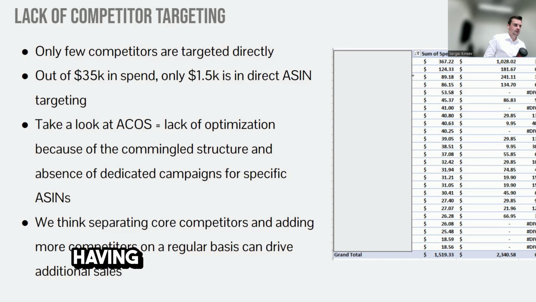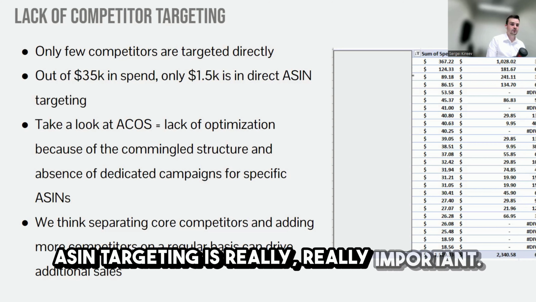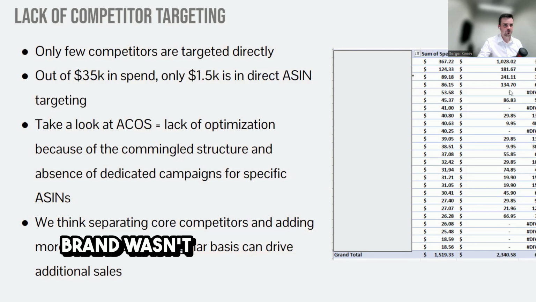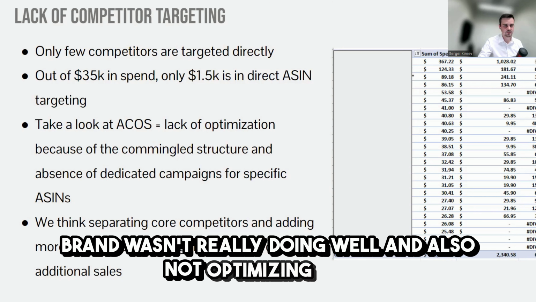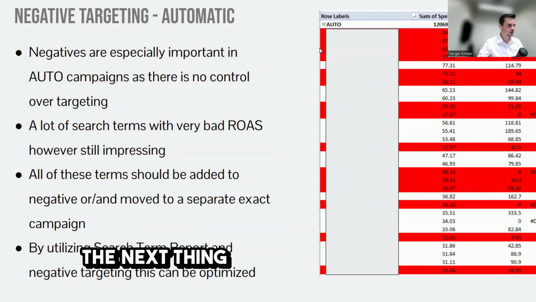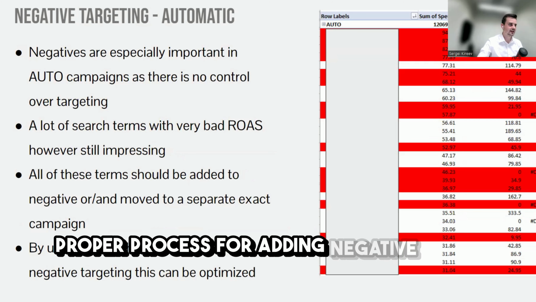Having dedicated campaigns for your ASIN targeting is really, really important. This is another thing this brand wasn't doing well, and also not optimizing them. Look at this ACOS, right? It's really, really high.